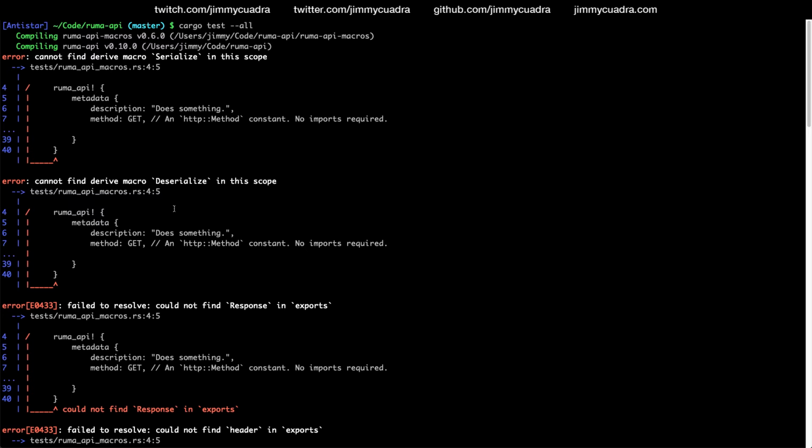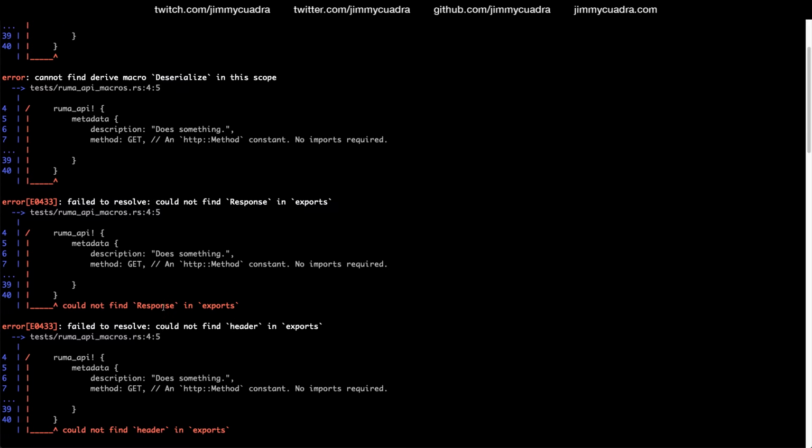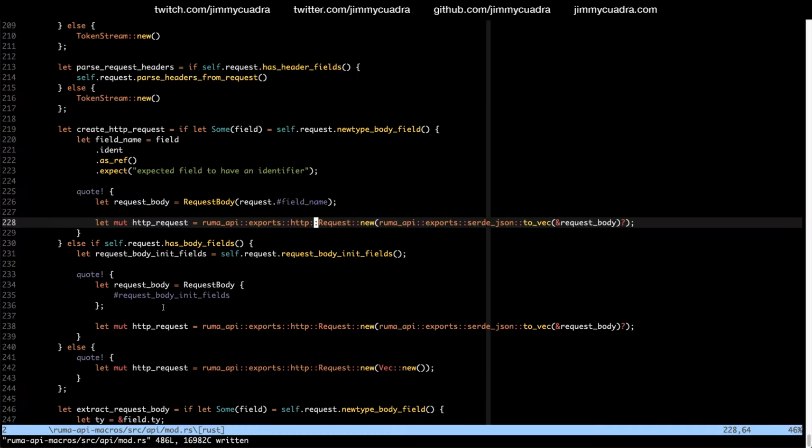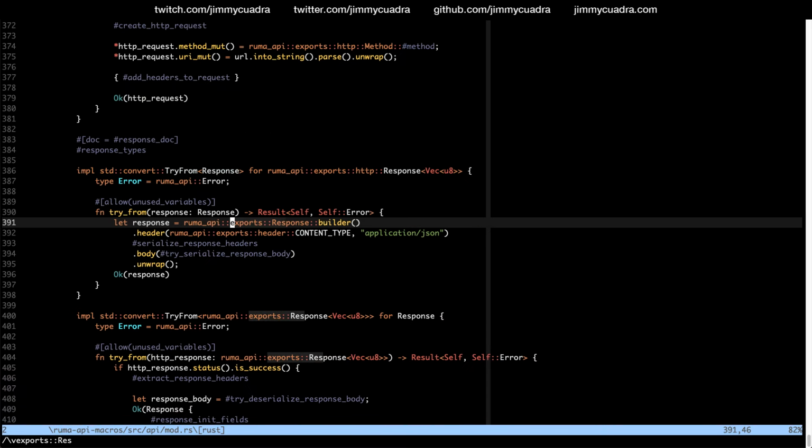Cannot find derive macro serialize in this scope. Failed to resolve, could not find response in exports. So do I have exports response? Oh yeah, I screwed that up too. Oh man, I really screwed up all the places where it's supposed to have HTTP.